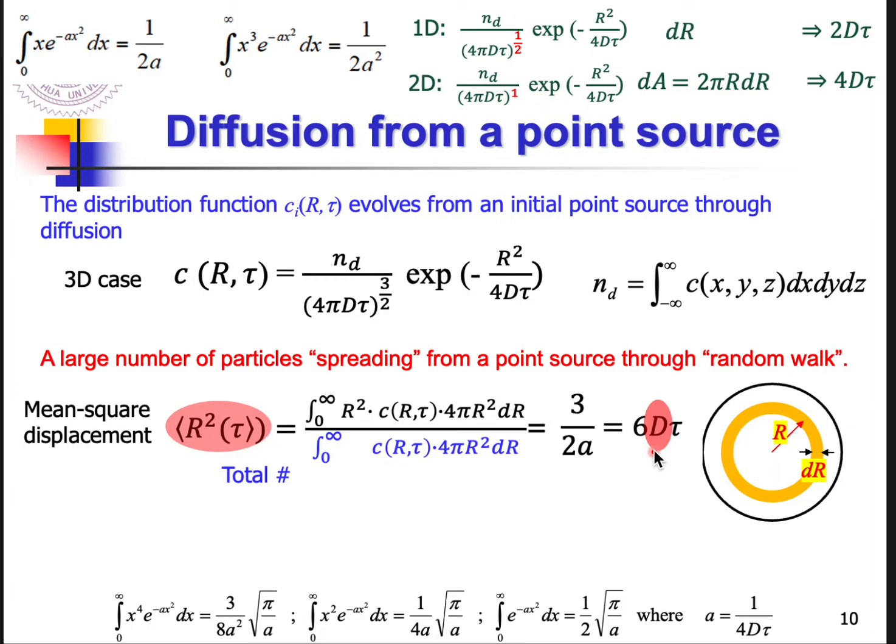So far we have successfully linked the mean square displacement with diffusivity and also the diffusion time period. It is proportional to diffusivity and diffusion time period. Okay, but there is something missing here.